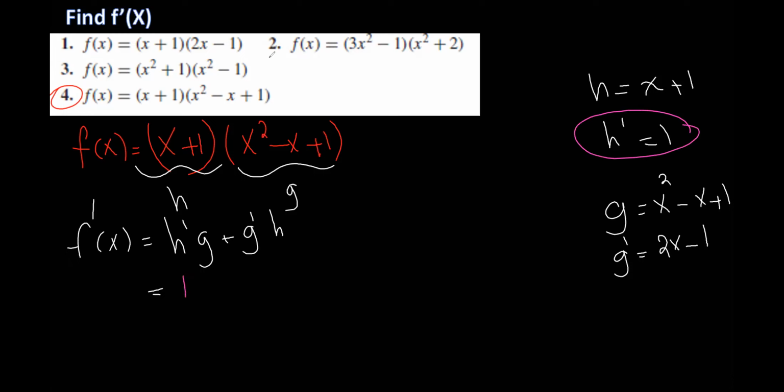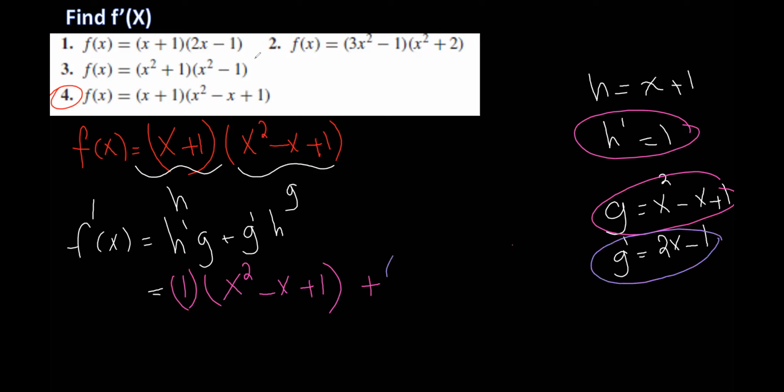It is here, 1 times. Where is g? It is here, x squared minus x plus 1, plus. Now, where is g prime? 2x minus 1. And where is h? It's x plus 1.